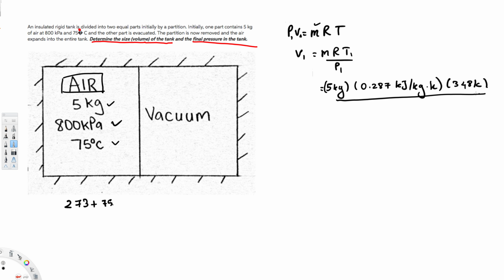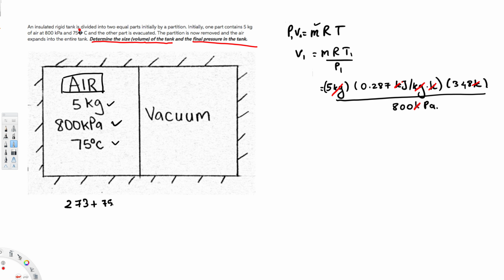Divided by the pressure, that is 800 kilopascal. Let's keep it as kilopascal, because if you notice, the kilogram cancels. So let's show that one. Here the kilogram cancels, and Kelvin cancels. The kilo in front of joule cancels with the kilo in kilopascal, so we don't have to multiply this one by 1000, right?